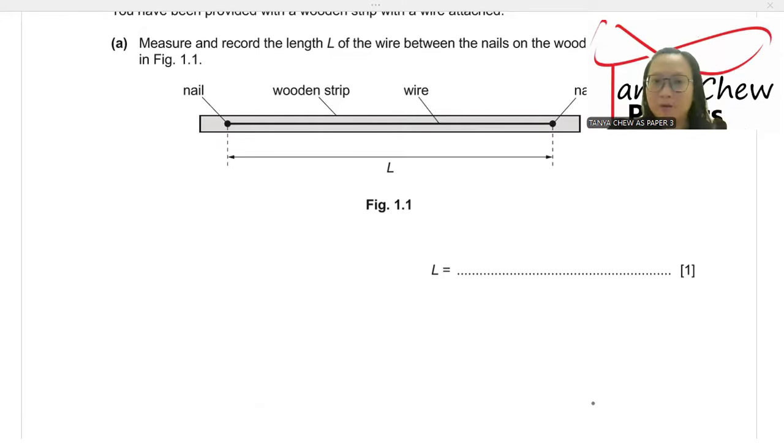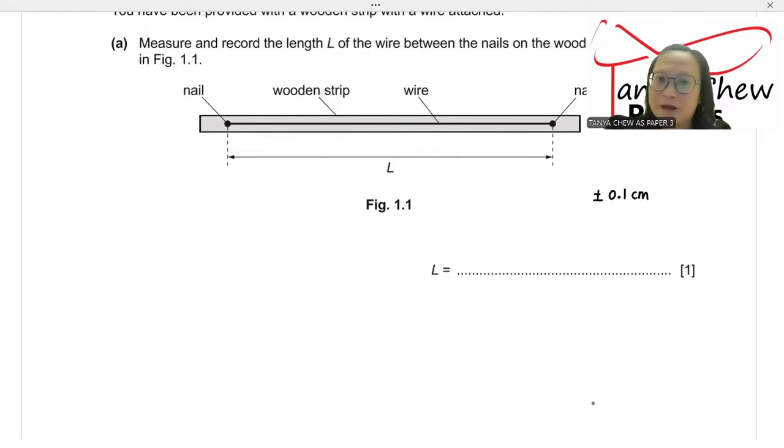Now, since for L we are supposed to use a meter rule, what is the smallest division of the meter rule? The smallest division of the meter rule is 0.1 cm. Therefore, the absolute uncertainty of your meter rule is plus minus 0.1 cm.